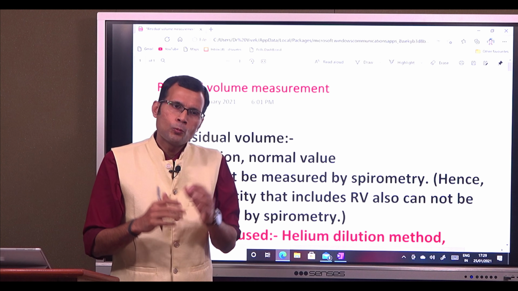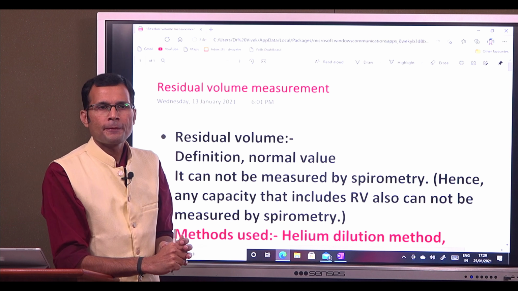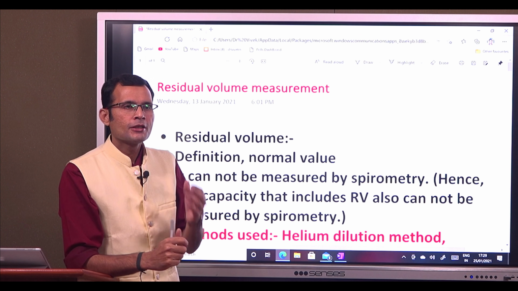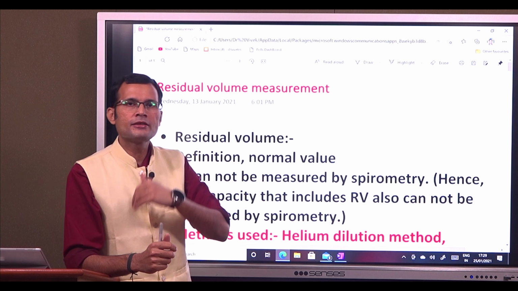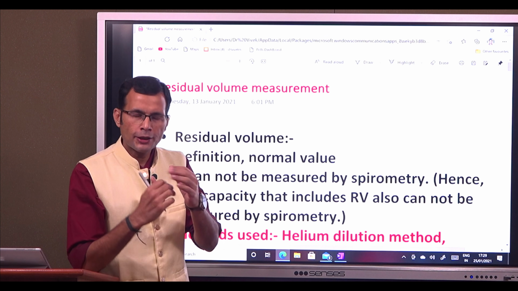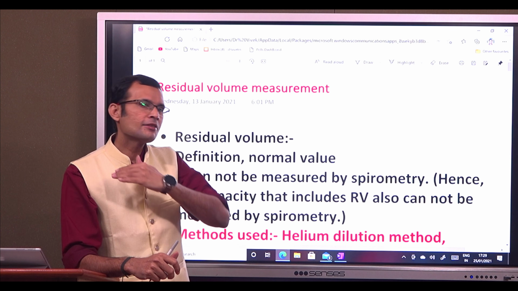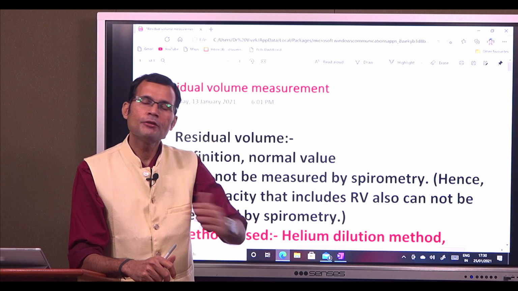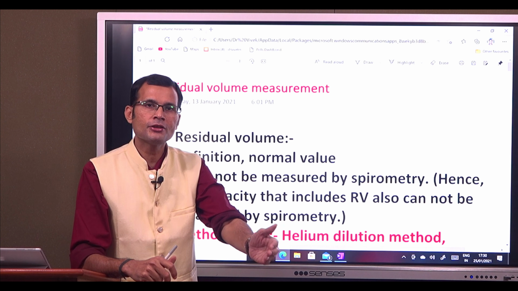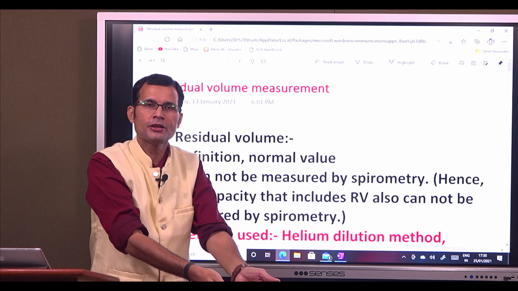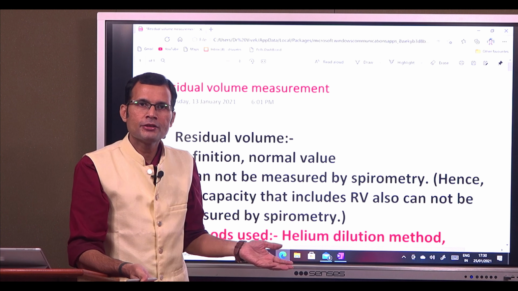Now, why can't we measure this normally? The answer is very obvious. The subject breathes in and breathes out into the spirometer. So the air that is never going to come out even after maximum forceful expiration, the air that is not going into the spirometer, how can we measure it?